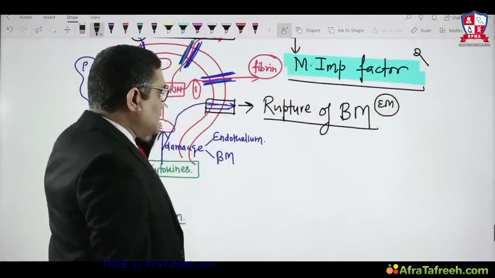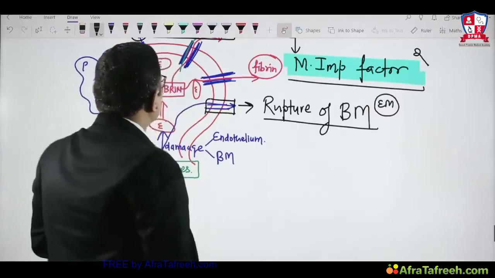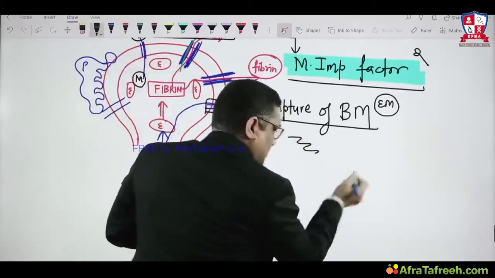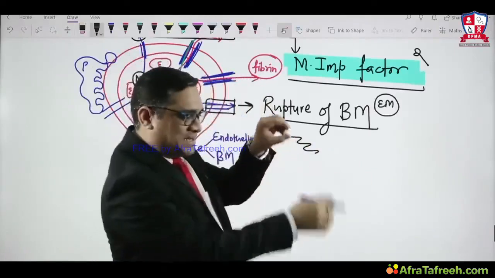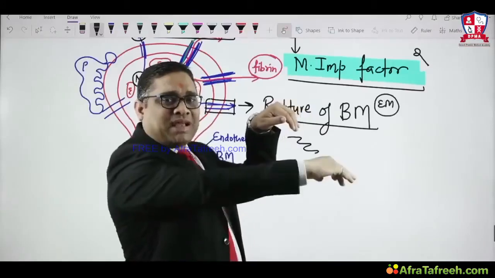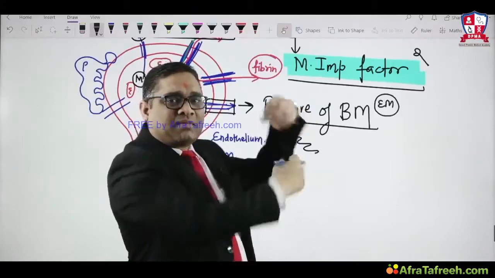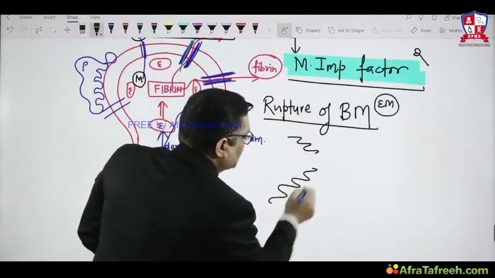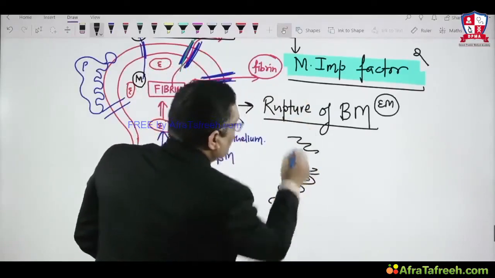Because of rupture of the basement membrane, what will happen? There will be wrinkling, because they had tensile strength due to the continuity of the basement membrane. But the basement membrane has been damaged, and that continuity is lost, and now they are like this.